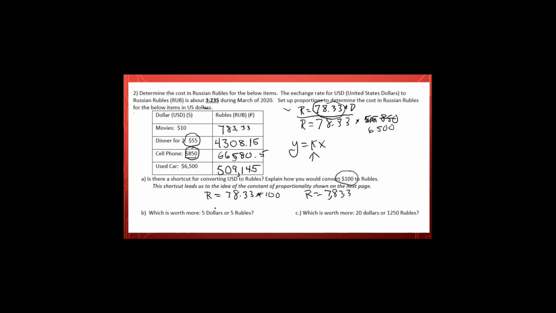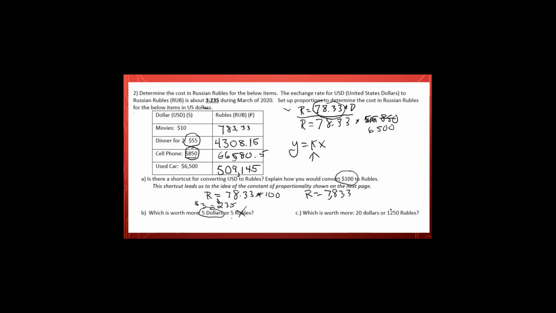What's worth more, $5 or 5 rubles? Put it on pause and think about these two because these are good questions. Well, we know that $3 is equal to 235 rubles. So obviously, $5 is worth a whole lot more than 5 rubles.